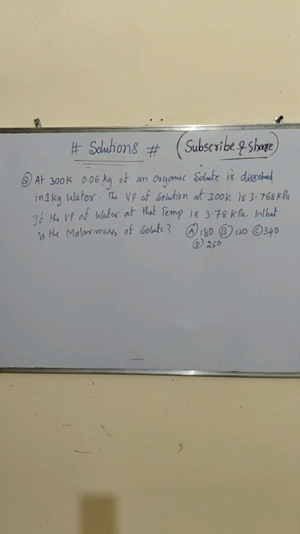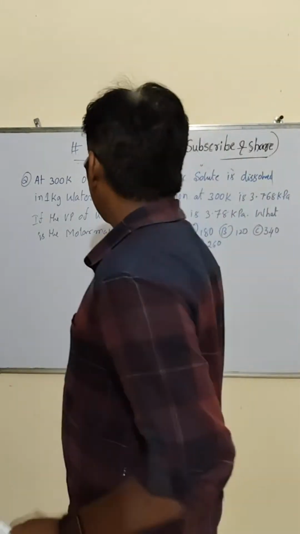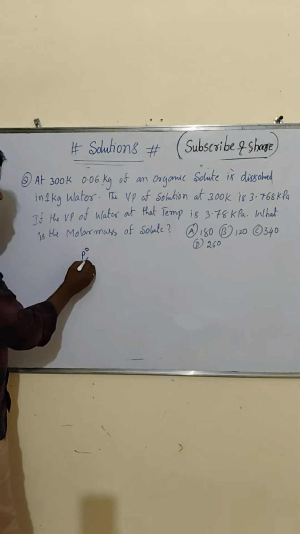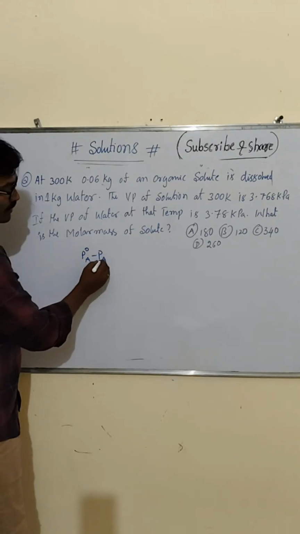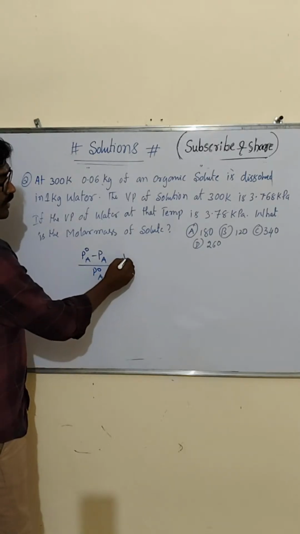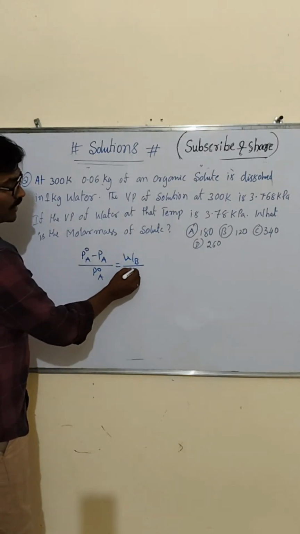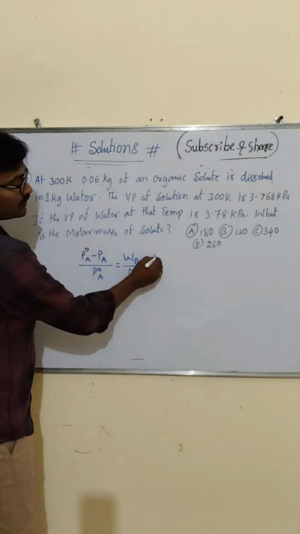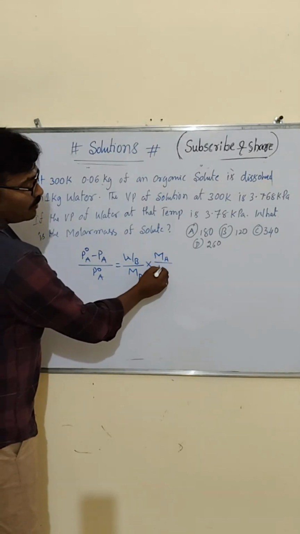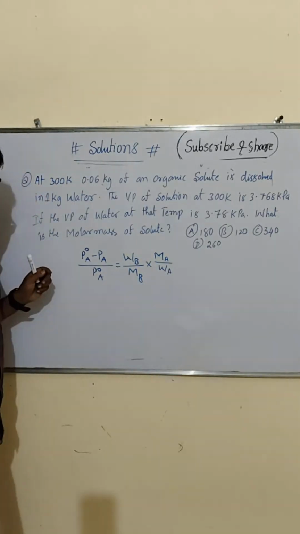Based on the relative lowering of vapor pressure, this is the question. So look at the question carefully. Here, P naught A minus PA divided by P naught A equals WB divided by MB into MA divided by WA. This is the formula, right?